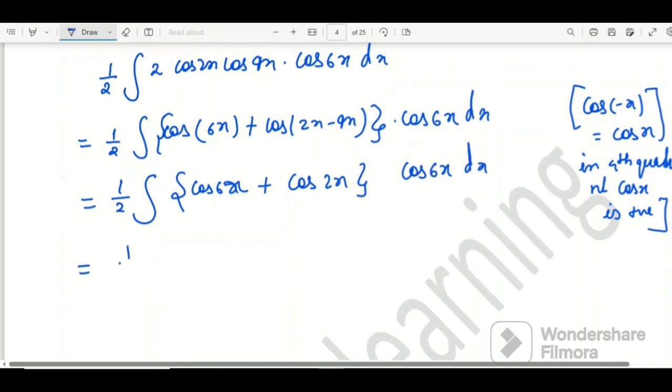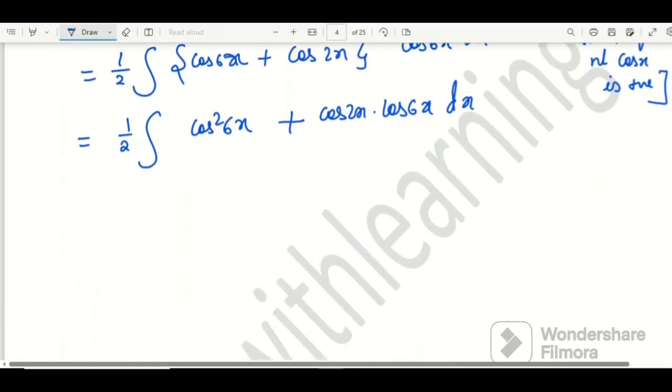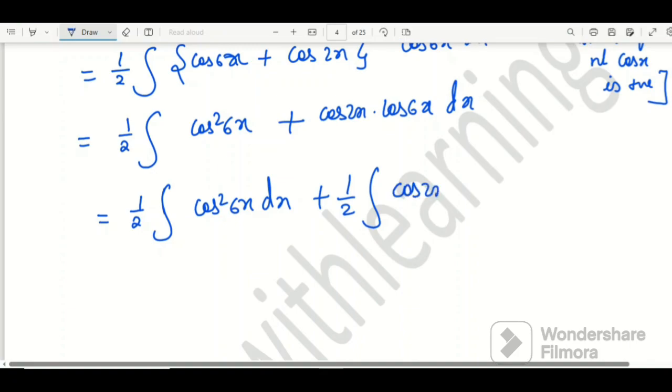So here we'll be left with 1 by 2 into cos square 6x plus cos 2x into cos 6x. That is, 1 by 2 into cos square 6x dx plus 1 by 2 into cos 2x into cos 6x. This integration we can solve by the formula 1 plus cos 2 theta equals 2 cos square theta.